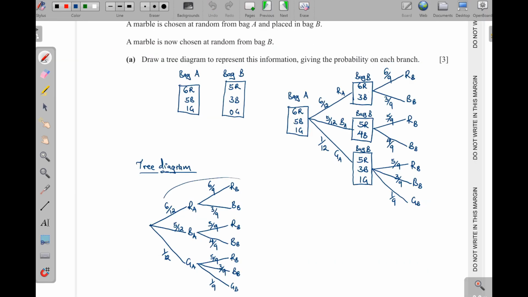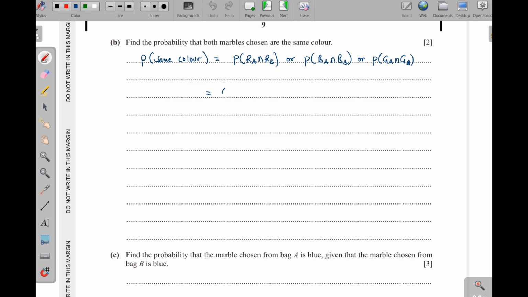Red from A, red from B, so 6/12 times 6/9. "Or" means addition in probability.